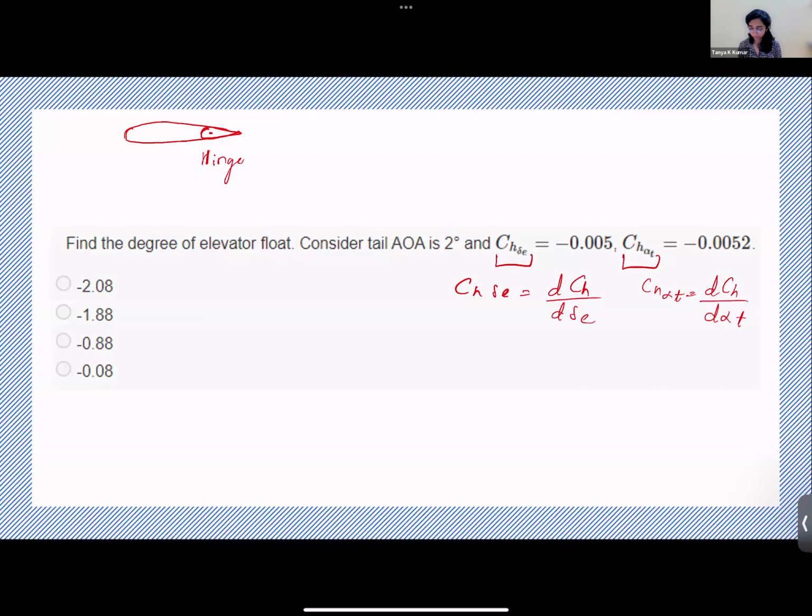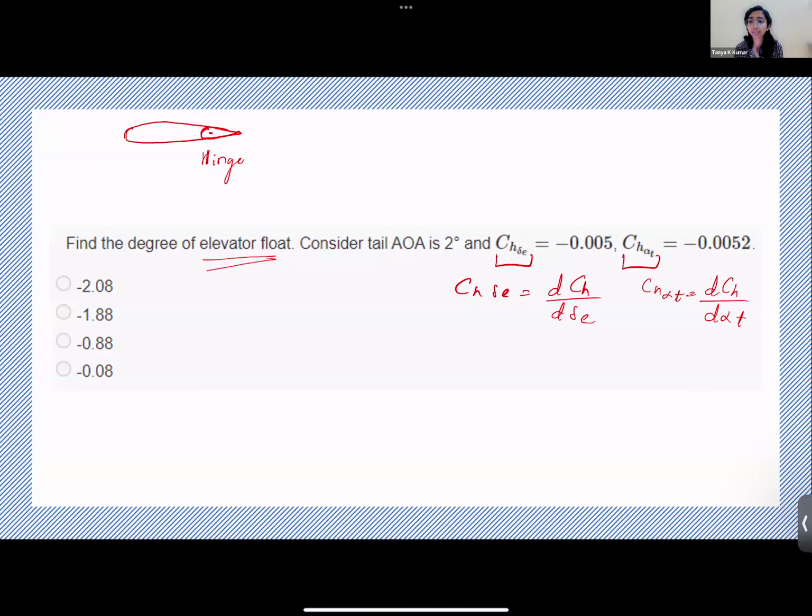Okay. So now what is elevator float? Elevator, the use of elevator is for upward and downward motion of the airplane.